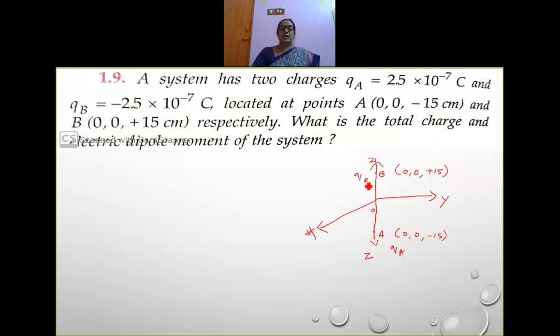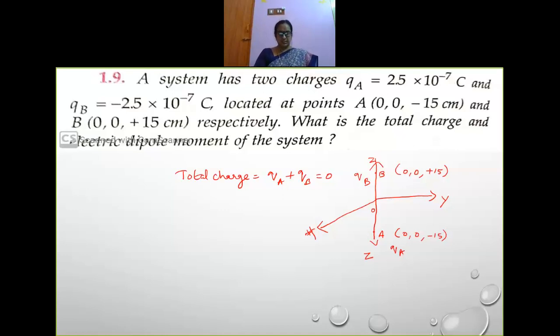When you add the charges, here it is plus 2.5 into 10 power minus 7 and QB is minus 2.5 into 10 power minus 7. So what will be the total charge here, children? Total charge is QA plus QB, which is equal to 0, right? So for the first question, the answer is 0.